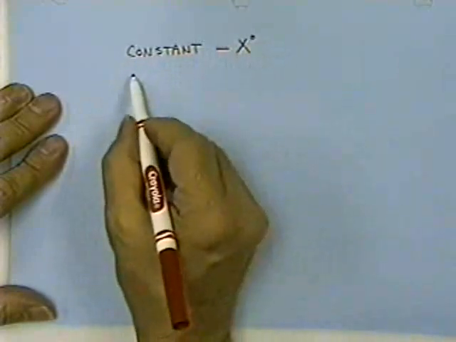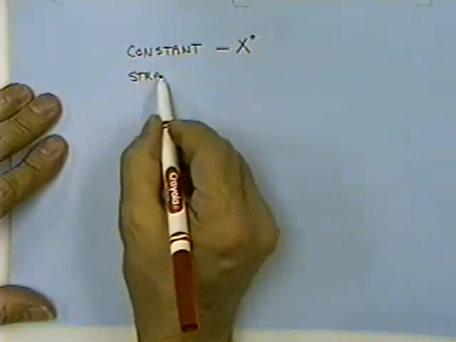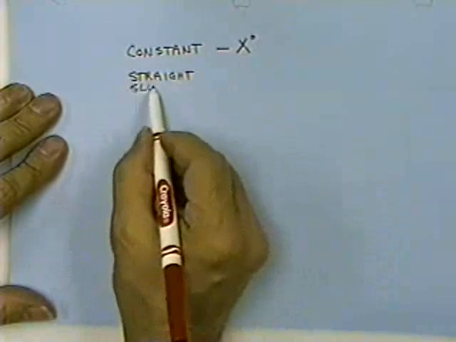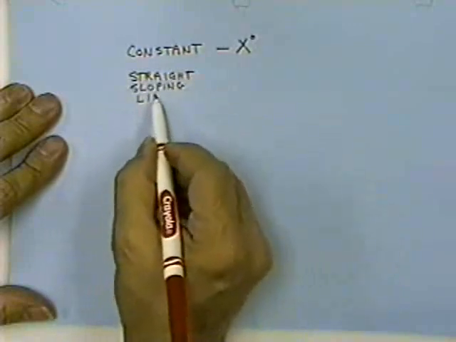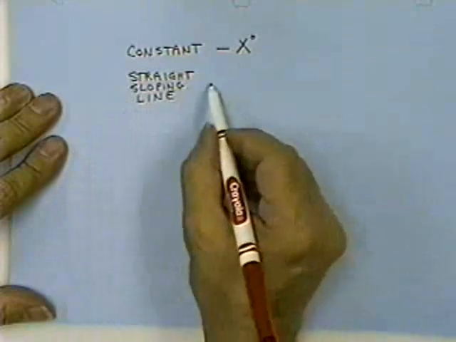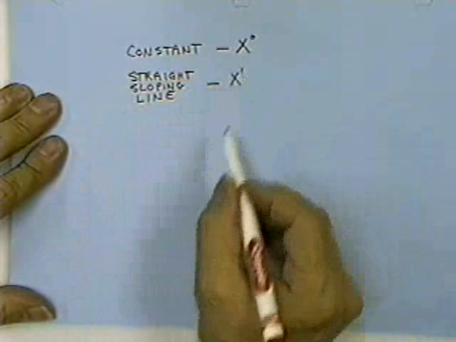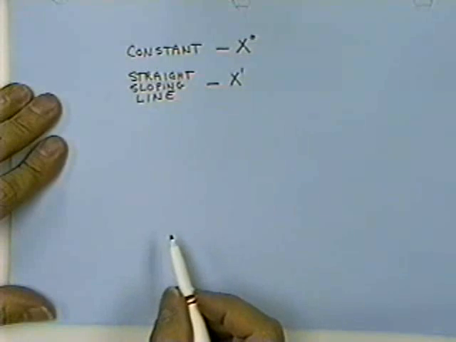He'd say that curve turns into a straight sloping line. And I'd ask him why, and he'd say, because an x to the 0 integrates into x to the 1. And what we just did proves he's probably right. The constant curve turned into a straight sloping line.